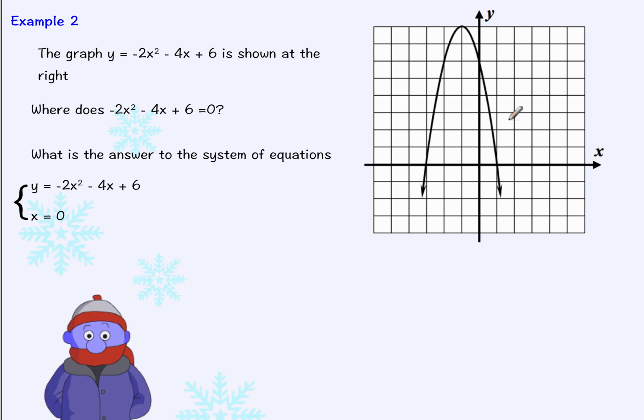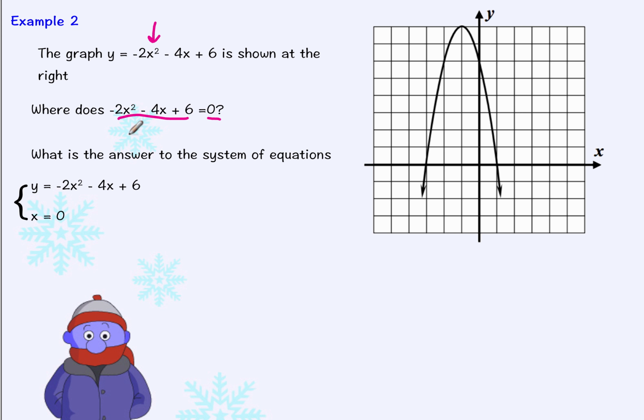All right, example 2. The graph of negative 2x squared minus 4x plus 6 is shown at the right. Beep! There is an exponent, so it's got to be a parabola. All right, where does this parabola equal 0? Huh? Oh, wait a second.